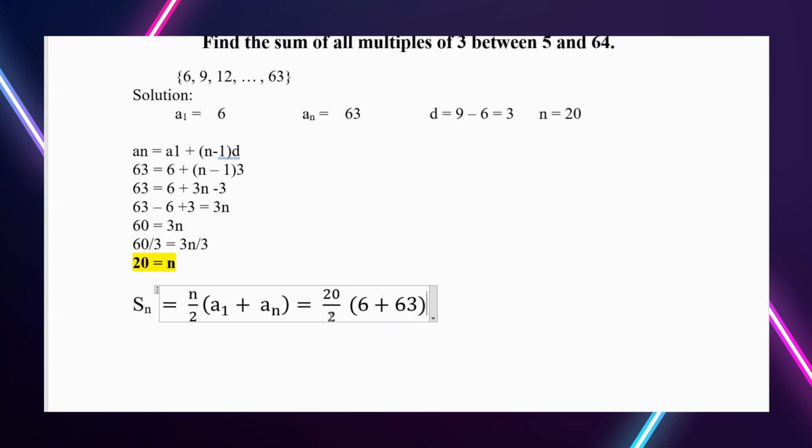Now, let us continue answering the problem. Okay? So, 20, unahin natin ito, 20 divided by 2 is 10 times 6 plus 63 is equal to 69. Okay? Now, let us multiply 10 to 69.